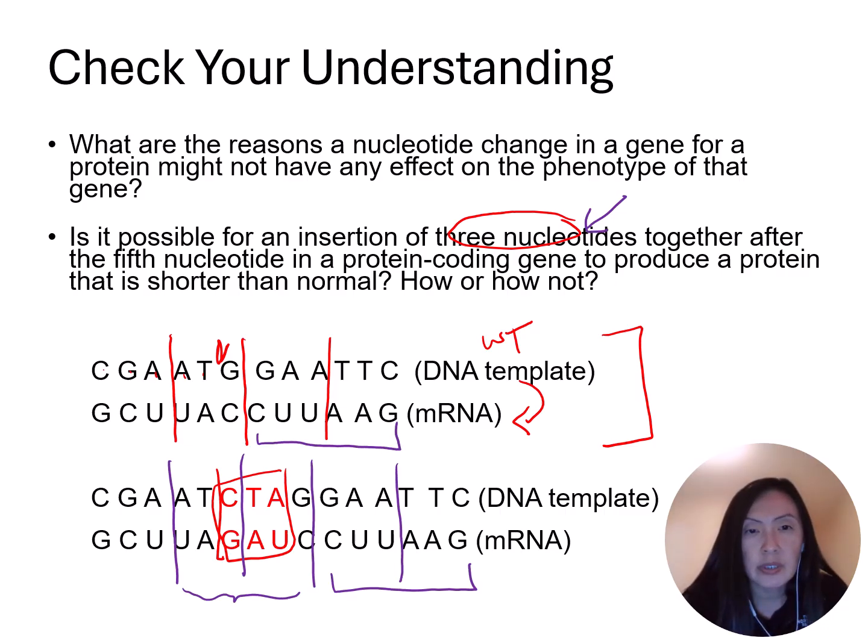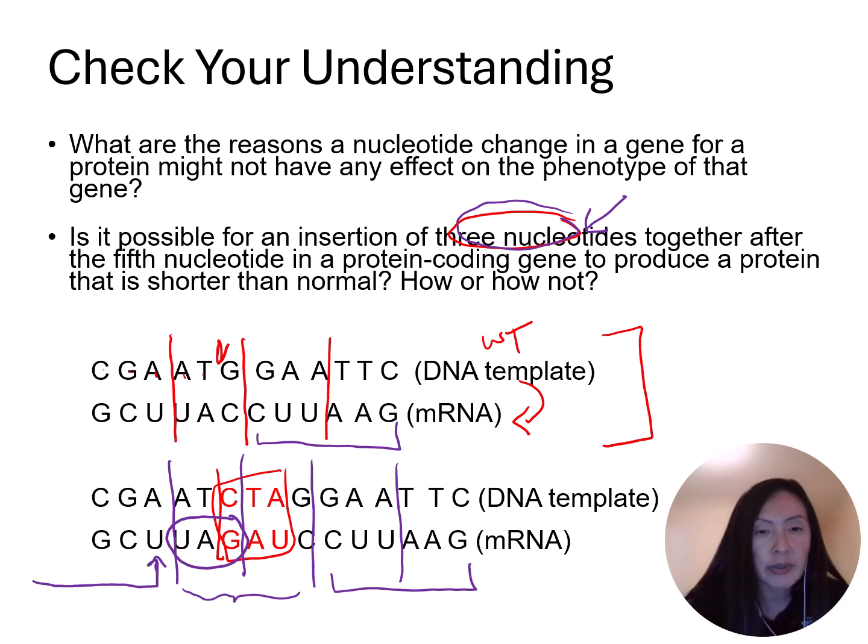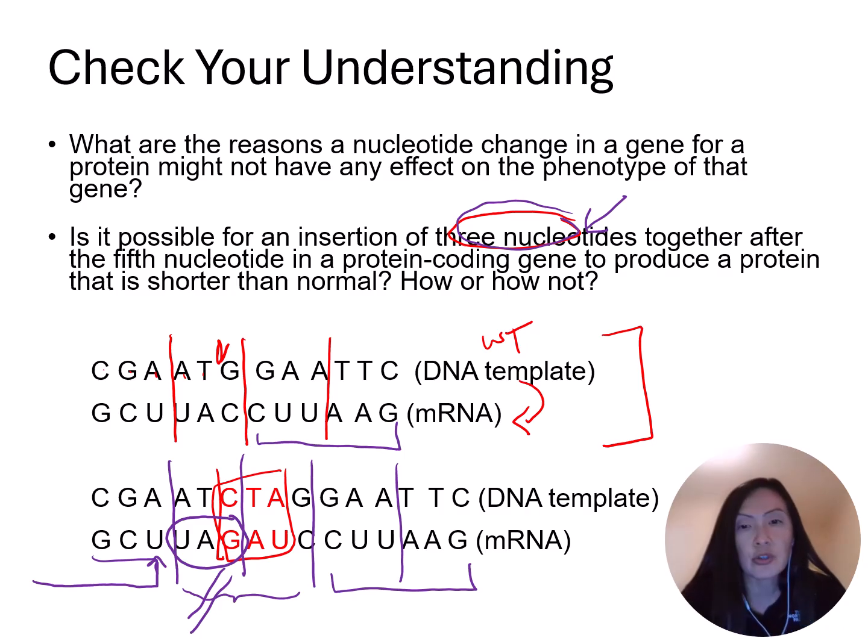So this could produce a protein that's shorter than normal, even though you think 3 nucleotides would equal 1 codon or 1 extra amino acid, if it introduces a stop codon, which it does right here. So here I have UAG. That means this would be the last amino acid, and then translation would stop. That would be the termination of translation right there.